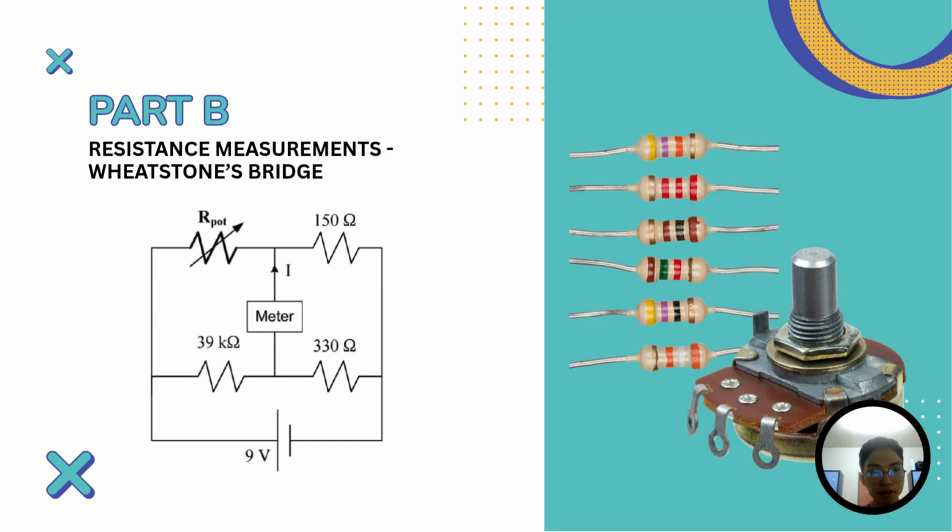For part B, I'm going to make the resistance measurements with the method of the Wheatstone bridge. The theory is based on the formula R1 times R3 equals R2 times R4, which uses the voltage balance and current balance to obtain the unknown resistance.